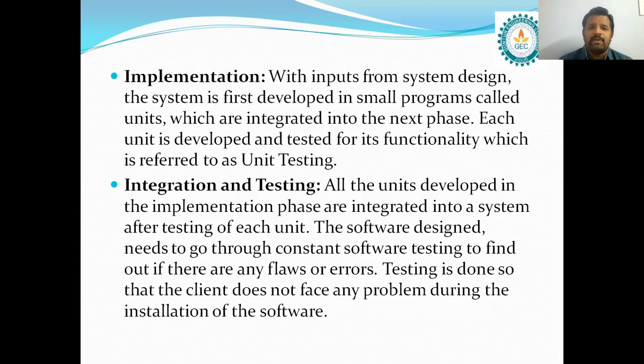We implement the units first, and after that integrate all the units in the next phase. Once an individual unit is implemented, each unit is tested for its functionality, to check whether that particular unit is working properly or not, which is called unit testing, right?